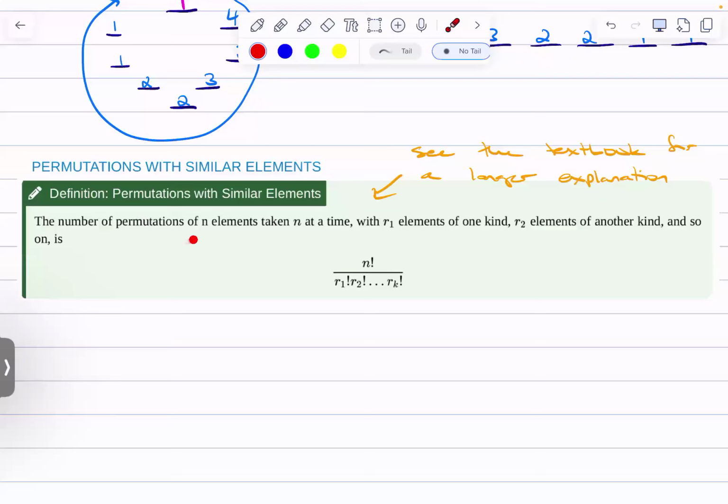So the number of permutations of n elements taken n at a time with R1 elements of one kind, R2 elements of another kind, and so on, is n factorial divided by R1 factorial times R2 factorial, and so on, for all the duplicates.